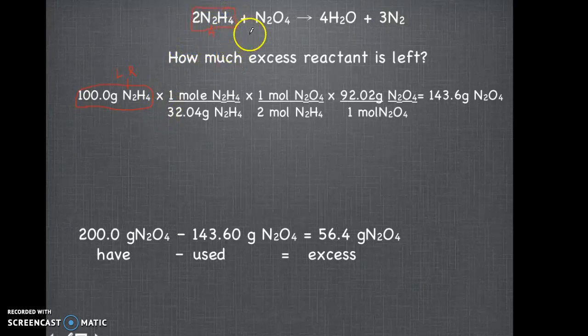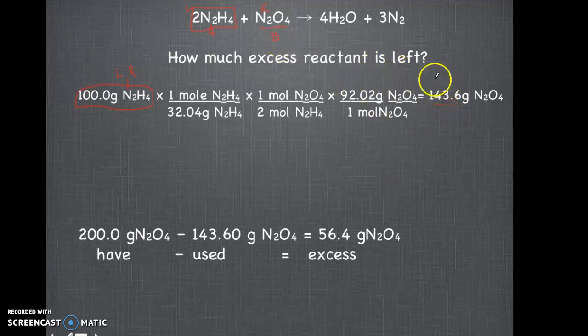Like, I don't have enough of it. I'm going to try to figure out how much of the N2O4 I actually need to react with the N2H4. And the setup here is that the N2H4 is my limiting, the N2O4 is my excess. And we determined that from all the work that we did way early on. Okay, so we're going to go from A to B over here and solve all the way through. And then we get this number right here, 143.6 grams of N2O4, right?